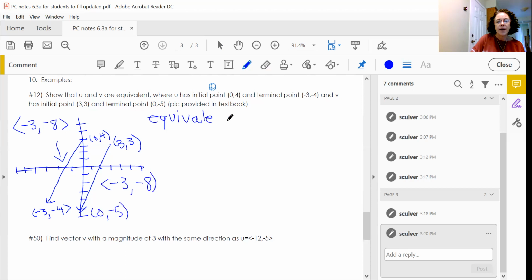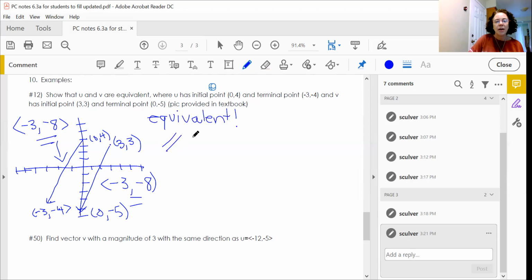Because they are the same vector in component form, right? Of course, they would have the same magnitude because I would apply the same formula. And they obviously have the same slope, right? If you do the slope formula on each, they have the same slope. That doesn't make their directions equivalent, but the fact that the arrows are pointing in the same direction does.